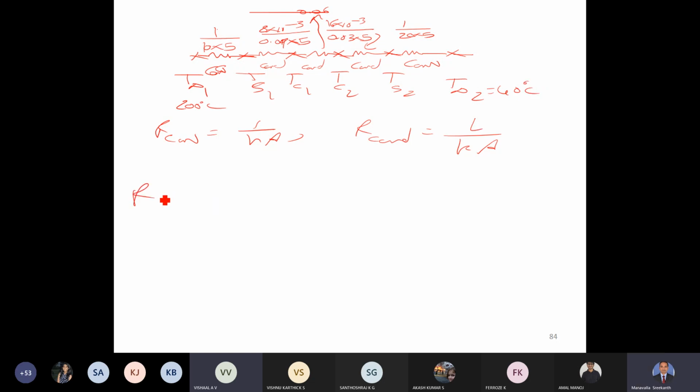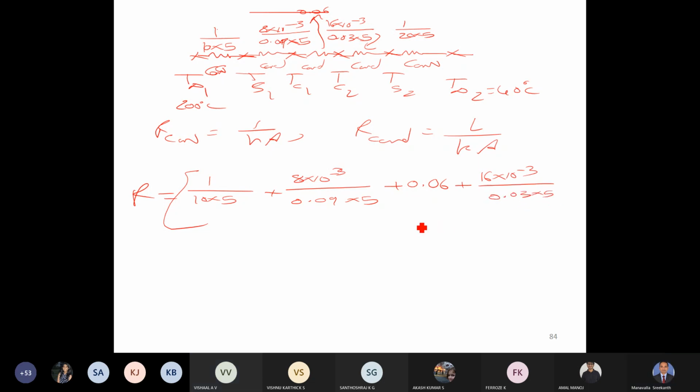Now the overall resistance will be 1 by 10 multiplied by 5, plus 8 multiplied by 10 power minus 3 divided by 0.09 multiplied by 5, plus 0.06, plus 16 multiplied by 10 power minus 3 divided by 0.03 multiplied by 5, plus 1 by 20 multiplied by 5.